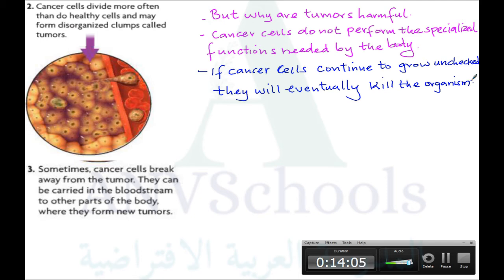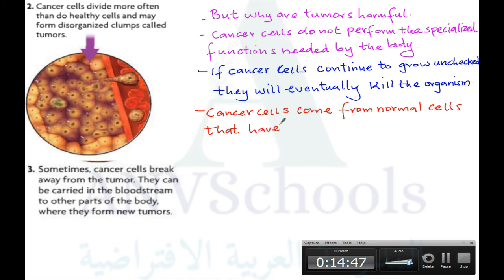Cancer cells come from normal cells that have suffered damage to the genes that help make proteins involved in cell cycle regulation. So note this: cancer cells come from normal cells that have suffered damage.